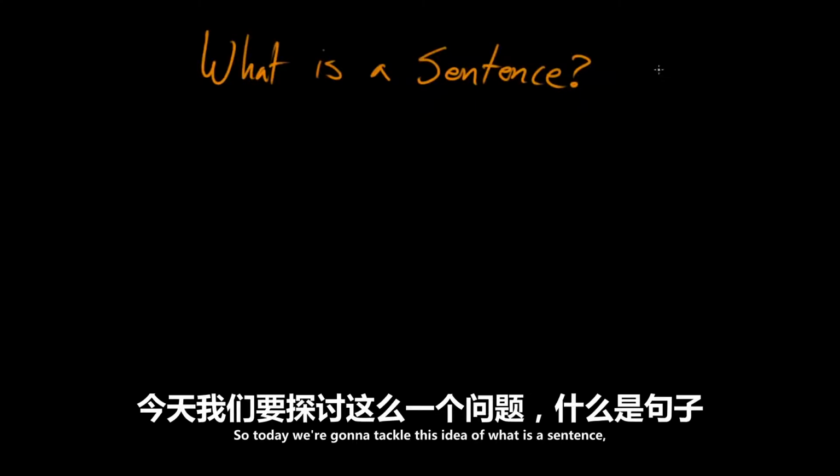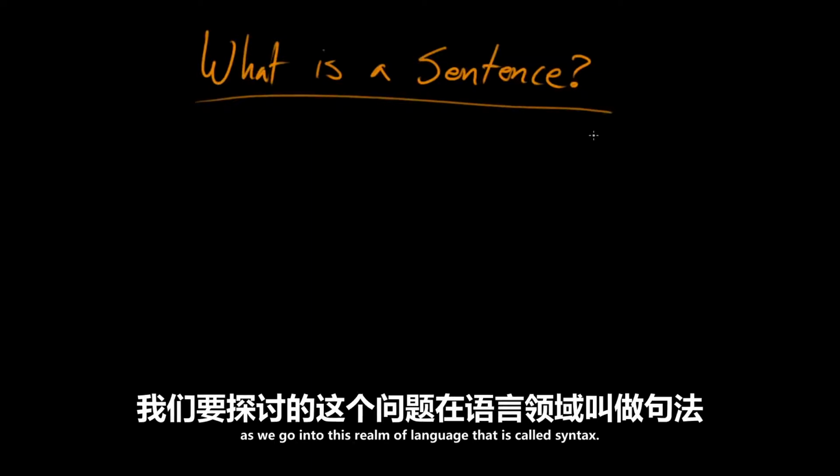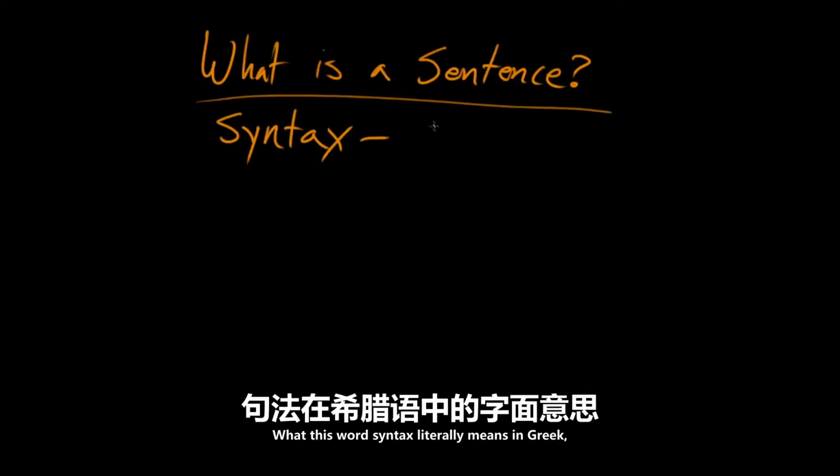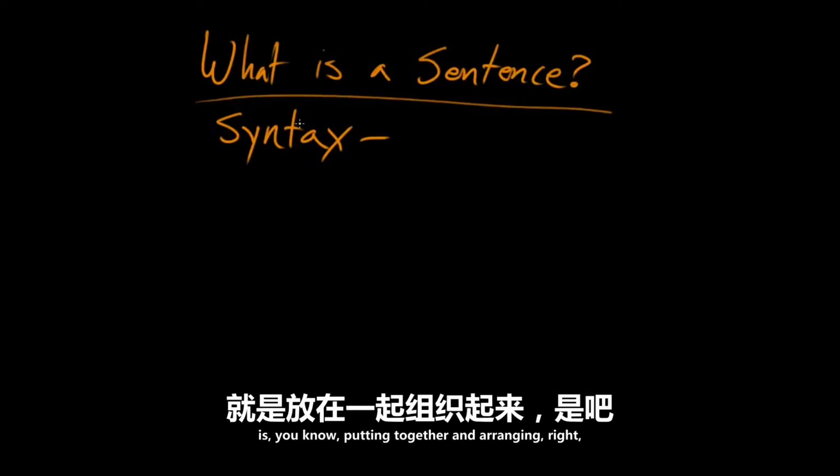So today we're going to tackle this idea of what is a sentence as we go into this realm of language that is called syntax. And syntax is this concept of basically grammatical order. What this word syntaxis literally means in Greek is putting together and arranging, right?